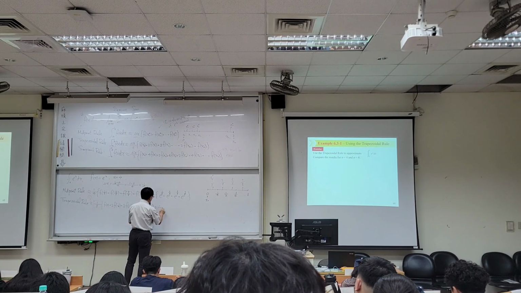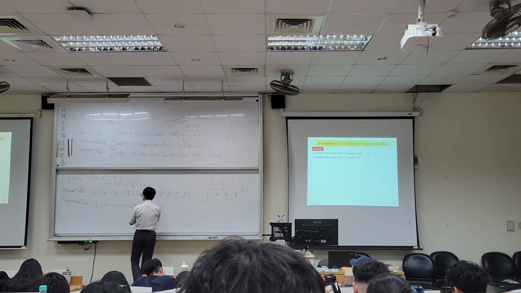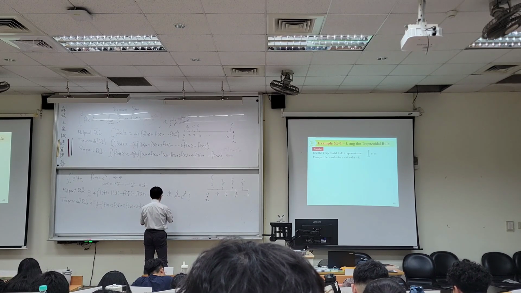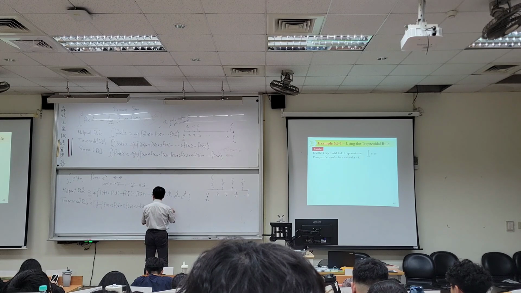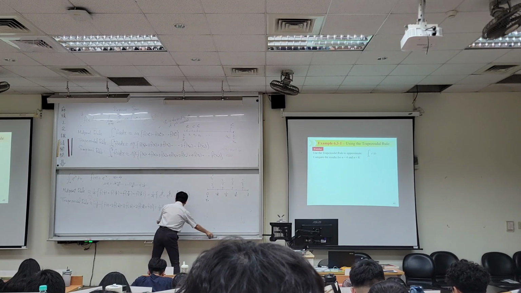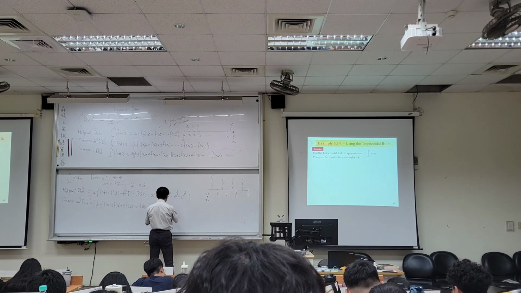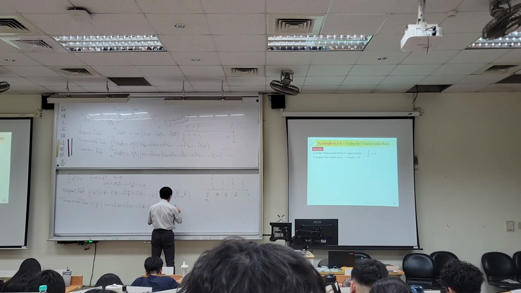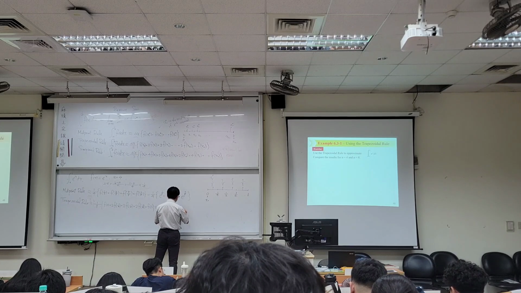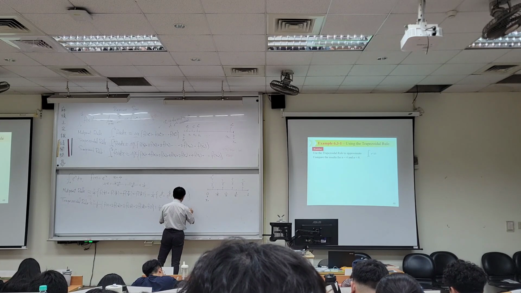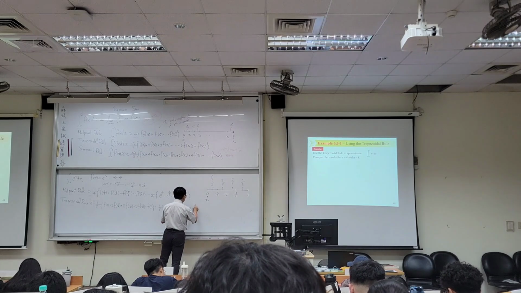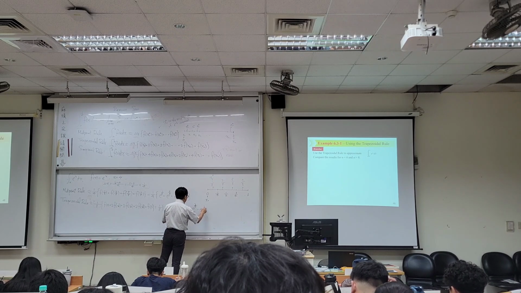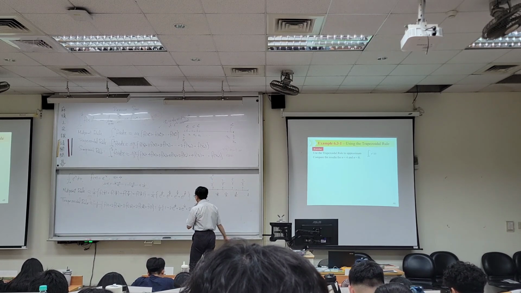So the 1/8, then I have e to the 0, which is 1, plus 2 times e to the 1 quarter, plus 2 multiplied by e to the 1 half plus 2 multiplied by e to the 3 quarter, plus e.